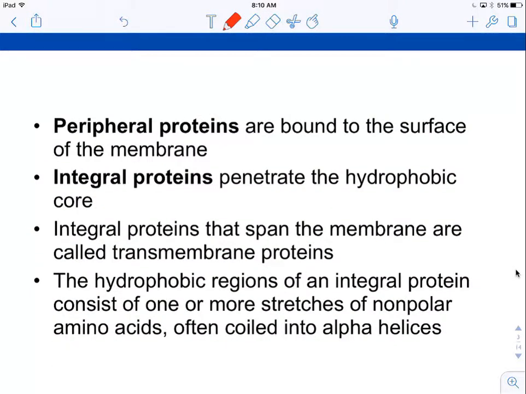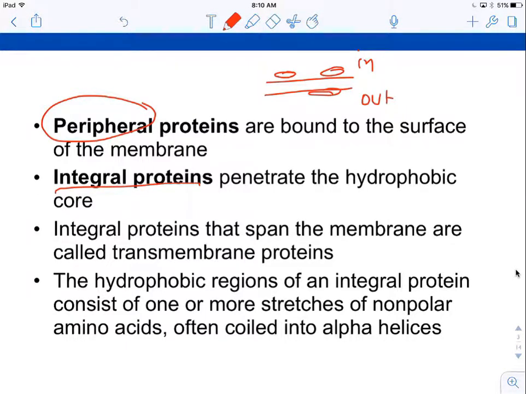And you have a couple of different kinds of proteins. Peripheral proteins are bound to the surface of the membrane. So if I have my lipid bilayer here, a peripheral protein would be on the surface, either inside or outside. An integral protein penetrates the hydrophobic core.